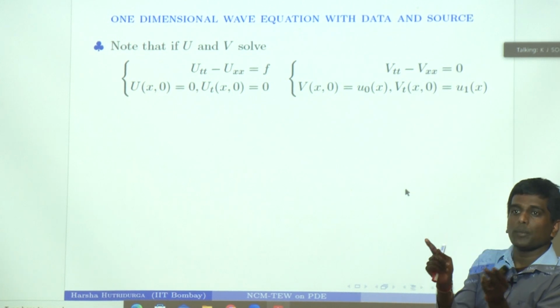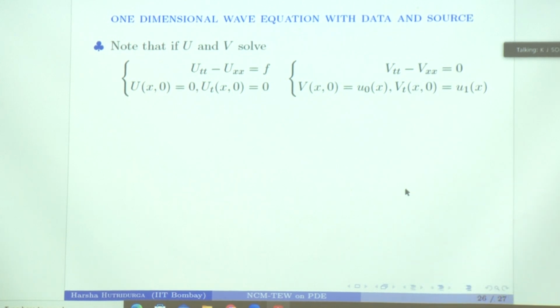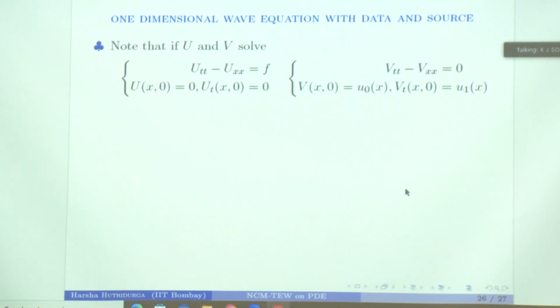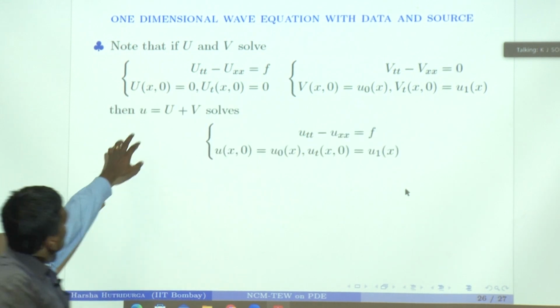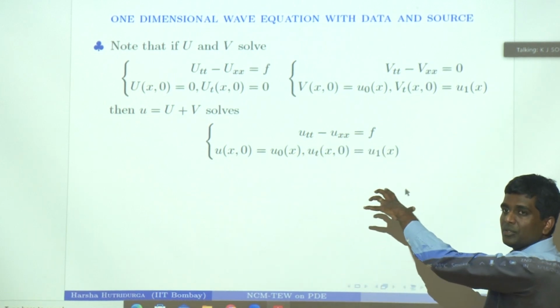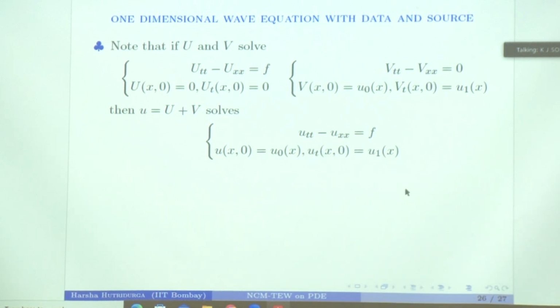Because of the superposition principle which I mentioned in the previous lecture, the sum will solve that problem. The sum of those two functions will solve this problem because the source term is coming from one of them, the initial data is coming from the other. So if you sum those two, you have actually solved this most general initial value problem with the source term.